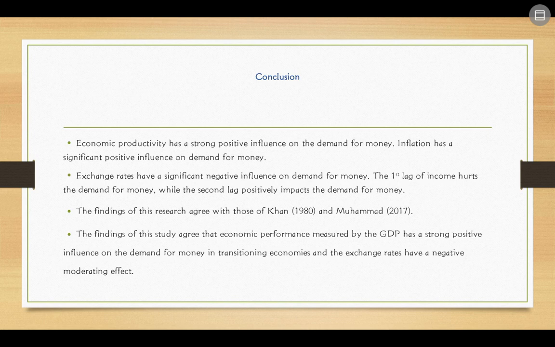The findings of this research agree with those of the article from Khan 1980s and Muhammad 2017. The studies agree that economic performance, measured by GDP, has a strong positive influence on the demand for money in transition economies, and the exchange rates have a negative moderating effect.